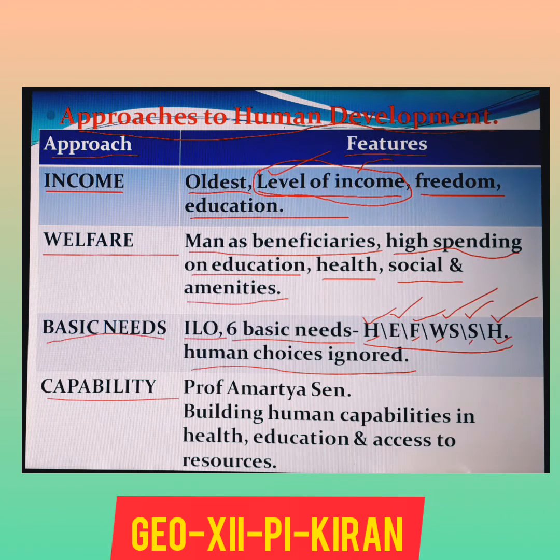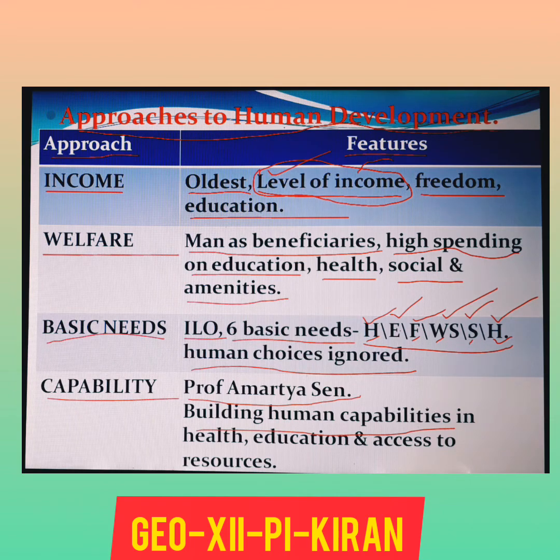The next one is the capability approach. Students, I have mentioned earlier also, the word capability is repeated many times in this particular chapter. Now, this capability approach is suggested by Professor Amartya Sen, an Indian economist. So he suggests the building of human capabilities. You make a person capable of doing certain good works.